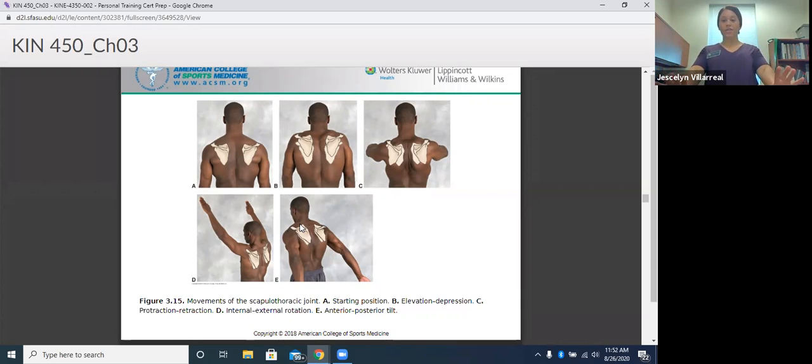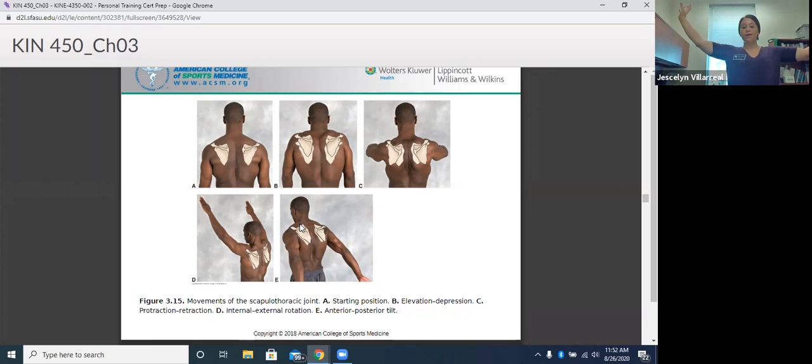When we teach a person how to do a back row, a pull up, or a lat pull down, this is going to be helpful: teaching them elevation, depression, and scapular retraction to use the big muscle groups. Next is internal rotation, putting your arms up and internally rotating the shoulders. External rotation would be opening the shoulders up. I use the example of tightening a light bulb.